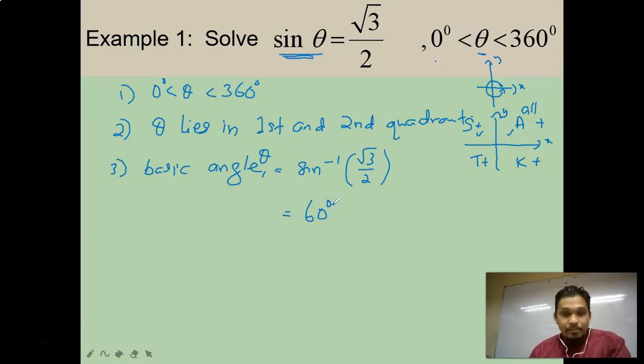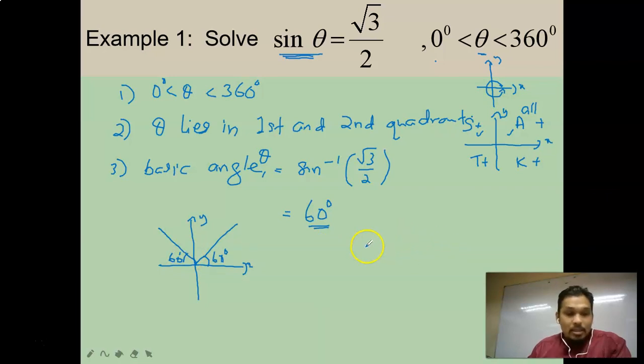Then next, on the x and also y-axis, 60 degree in the first and second quadrant. So just imagine that we have this with a 60 degree, and also here 60 degree.